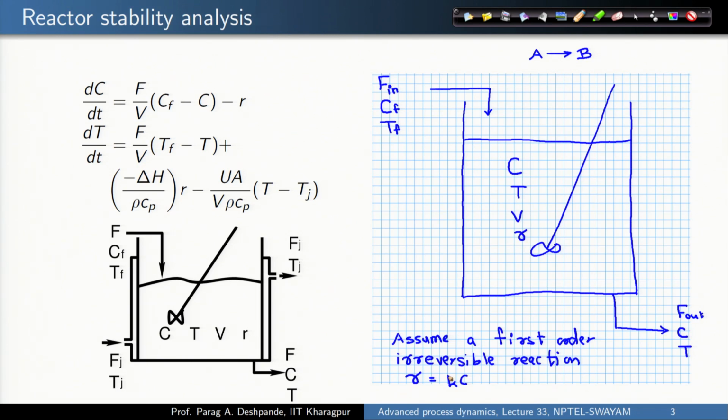Now, having known this, I have analyzed what is going on as a flow process and as a reaction in the reactor.